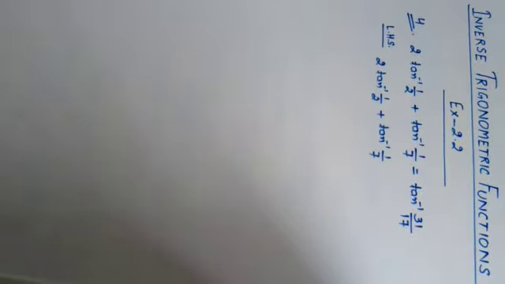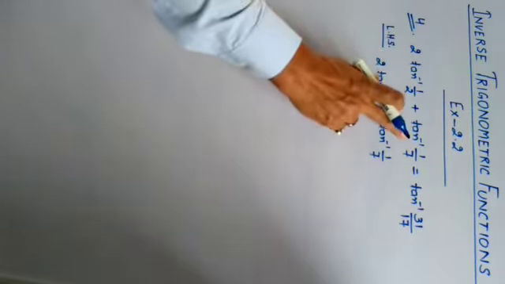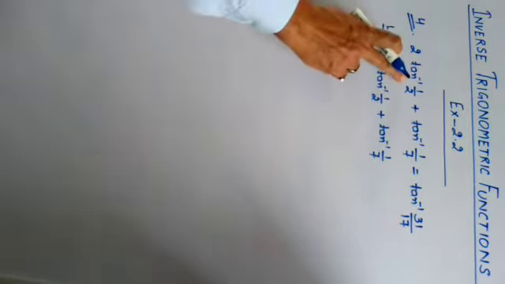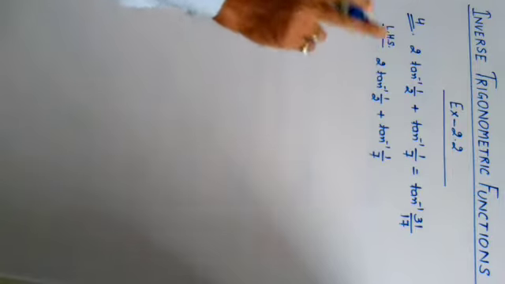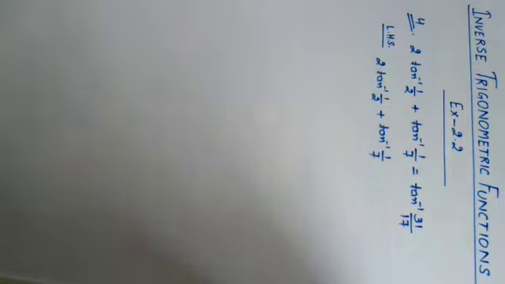Now question number 4. Here you can see 2 tan inverse 1 by 2 plus tan inverse 1 by 7. If we convert this 2 tan inverse 1 by 2 into a single tan inverse, then we can apply tan inverse x plus tan inverse y.